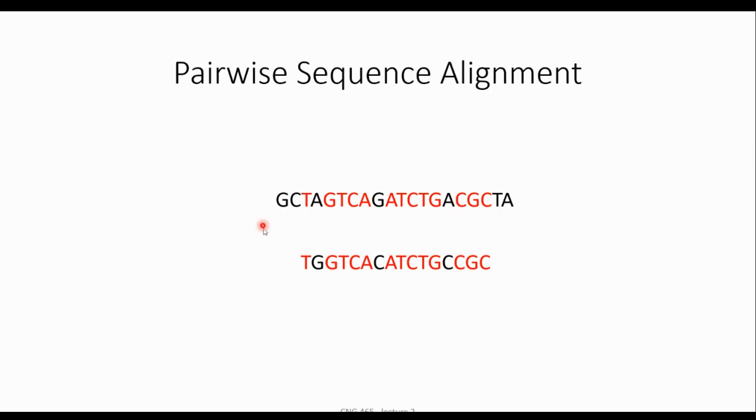Okay, consider these two sequences. These are nucleotides, so it's like we are comparing genes together, not proteins. You see the length of the first sequence is longer than the second one. And we aligned, for example, the third nucleotide of this gene to the first one of the second sequence.